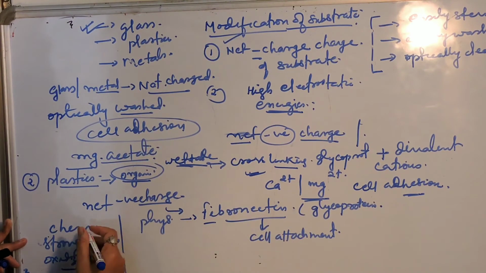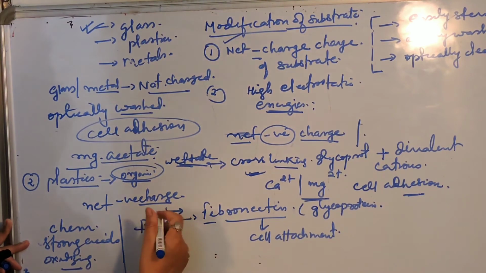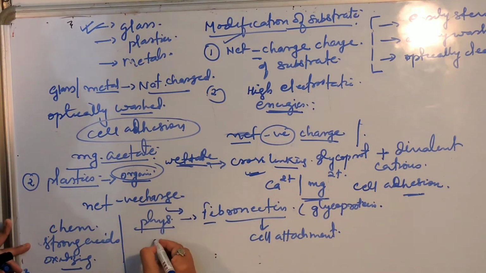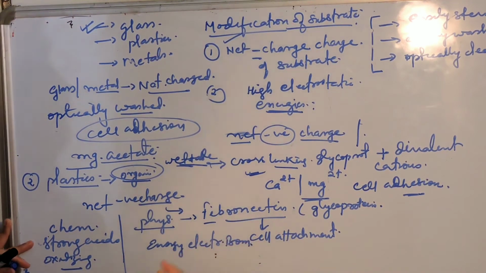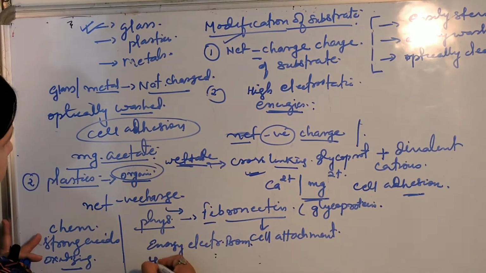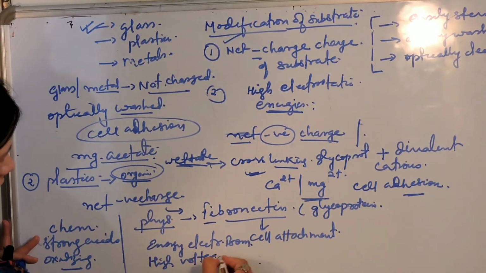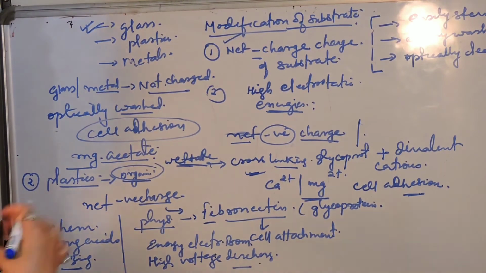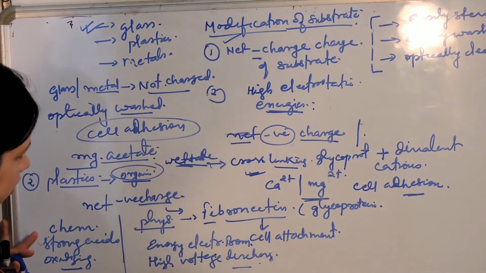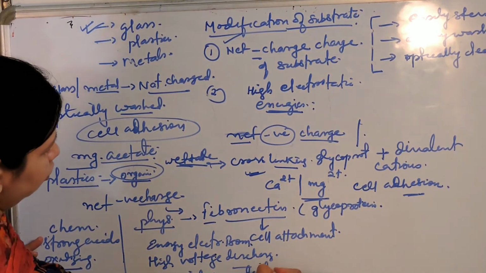Sometimes it can be modified physically. In case of physical methods, the electron bombardment method can be used, the high voltage discharge method can be used, and sometimes high irradiation of UV rays can be used.